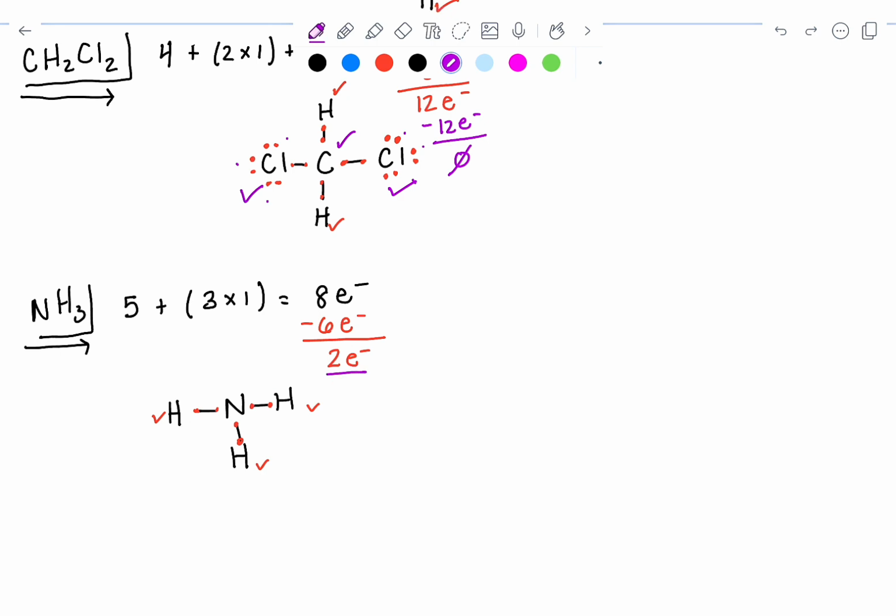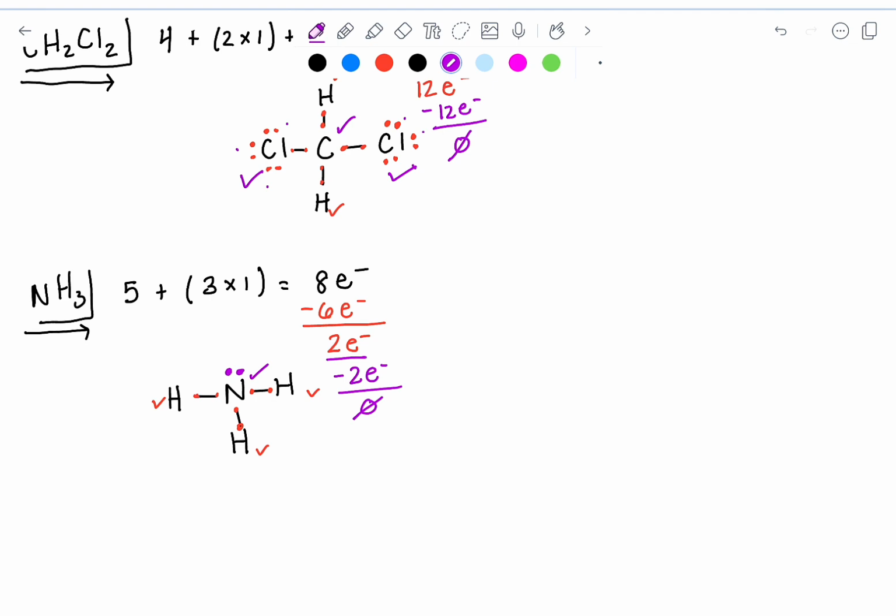But I have these 2 electrons that I can place as lone pairs on there. So I've placed those. I'm going to subtract those 2 electrons off because I've used them, and I have no electrons left. And now, since I placed those, I now have an octet on my nitrogen. So everything has an octet or a duet, and it's completely happy. So that is our structure for NH3.